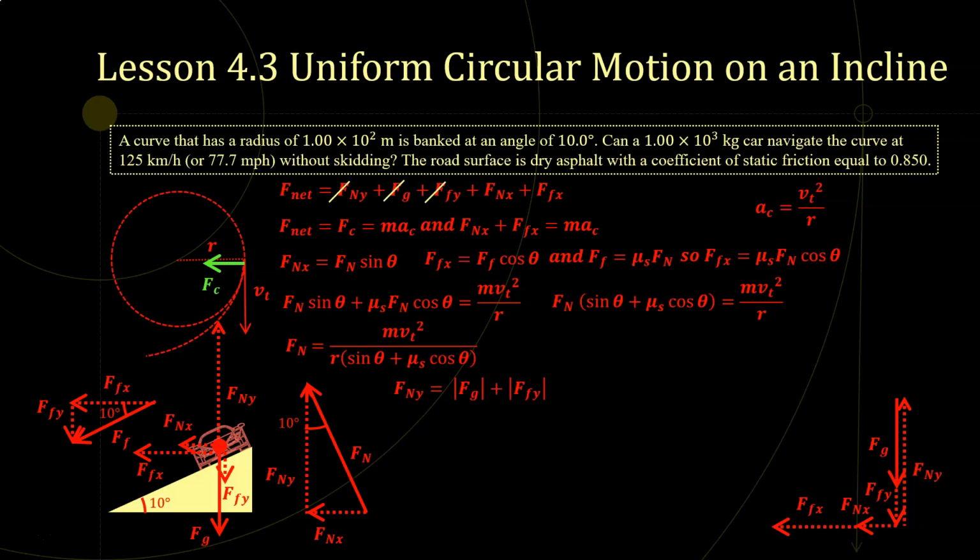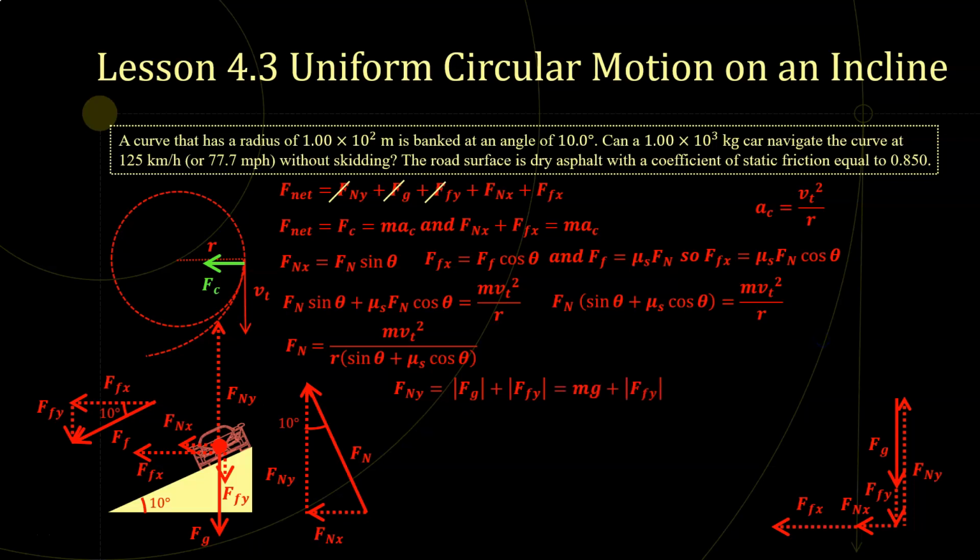But I'm just going to note once again that the large force, the y component of the normal force, must equal the sum of the two smaller forces pointing downward. And I'm just going to say that we're going to work with magnitudes: the magnitude of the gravity force and the magnitude of the friction force's y component. We're not going to worry about negative values. You can see from the diagram visually that this is going to work out.